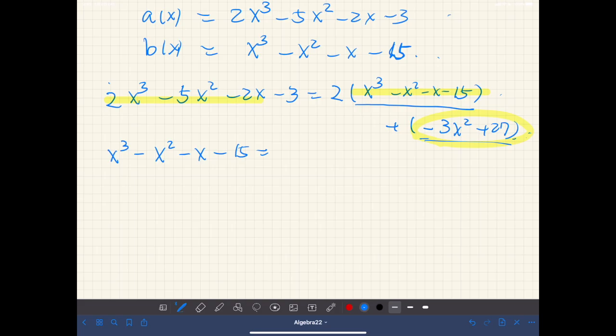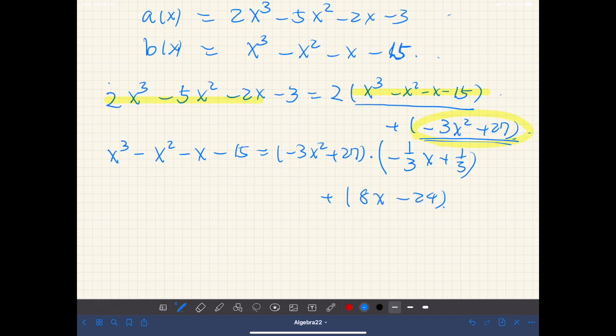So divide by this, minus 3x squared plus 27, and the quotient part is 1 over 3 times x plus 1 over 3, and the remainder in this case should be 8x minus 24. Again, you can verify this by expanding everything here.